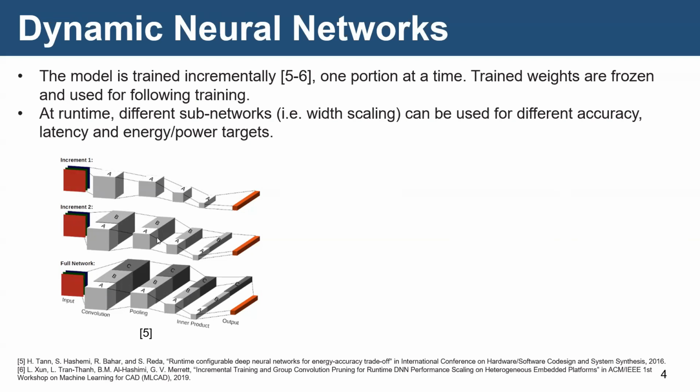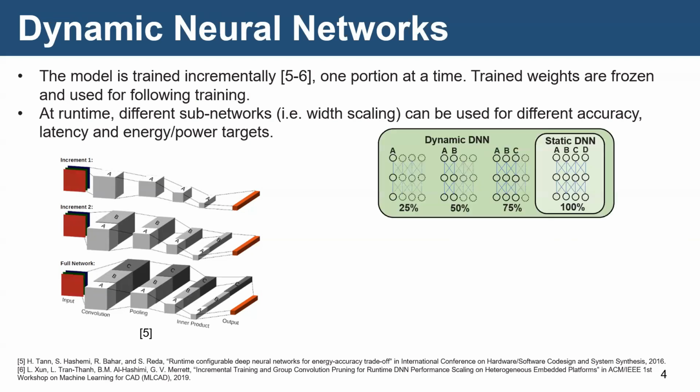Typically, smaller sub-networks have lower accuracy, but also lower latency, energy, and power consumption. Comparing the dynamic model with the static model, you can consider the static model as the full network, and we retrain the static model using specialized training algorithms such as incremental training, so that we enable partial execution of the static model.